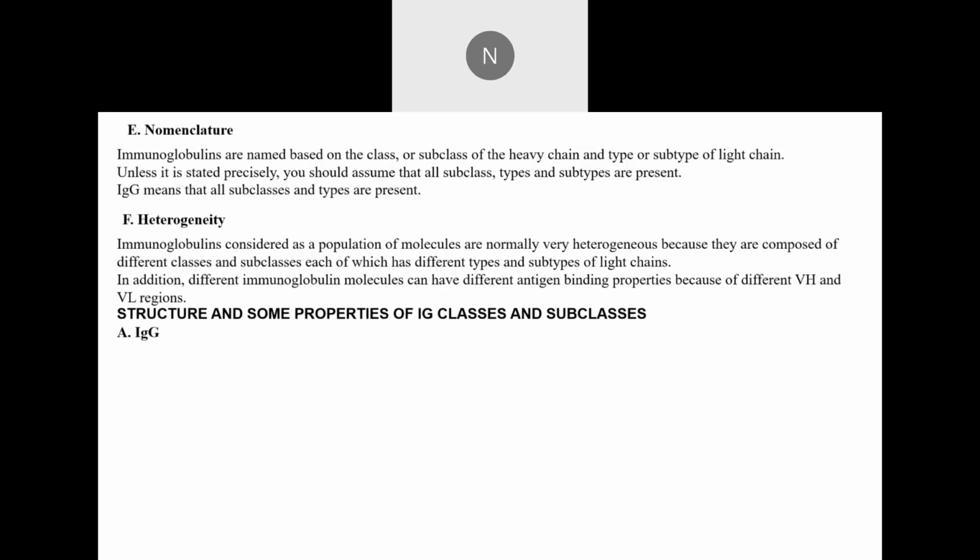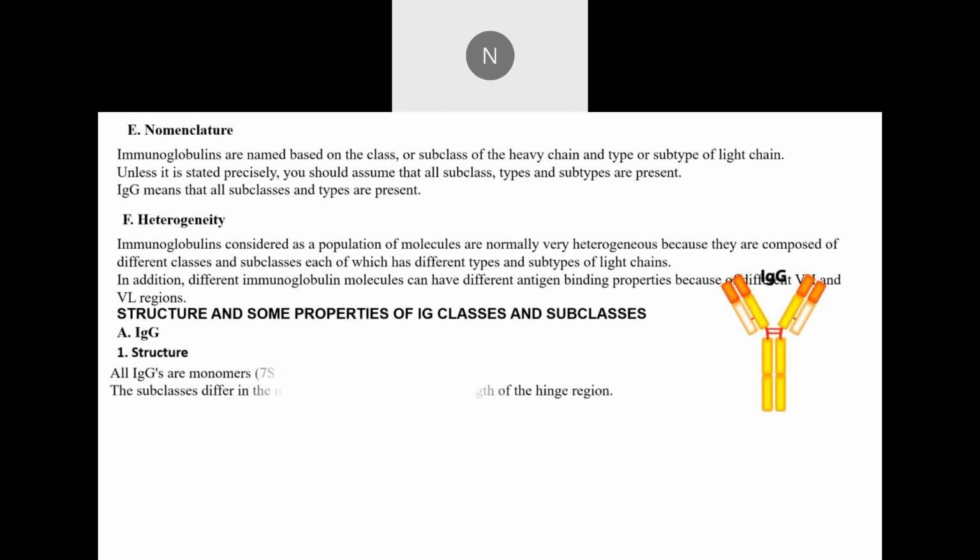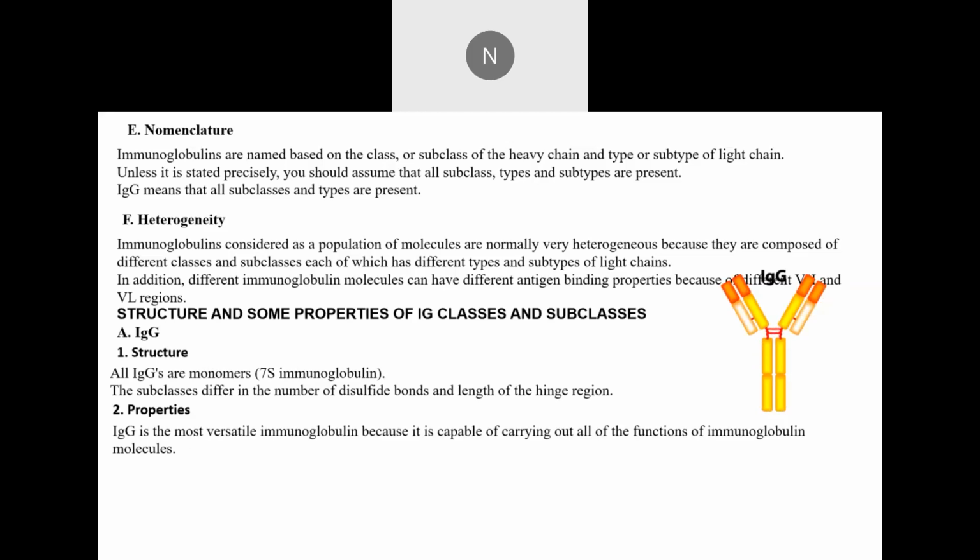And the structure and some of the properties of IgG classes and subclasses again. IgG is the 7 S immunoglobulin. Subclasses differ in the number of disulfide bonds and length of the hinge region. So the IgG classification, as I showed in the earlier picture, is by the number of disulfide bonds and the length of the hinge region.